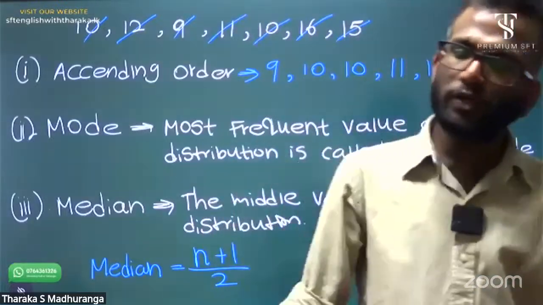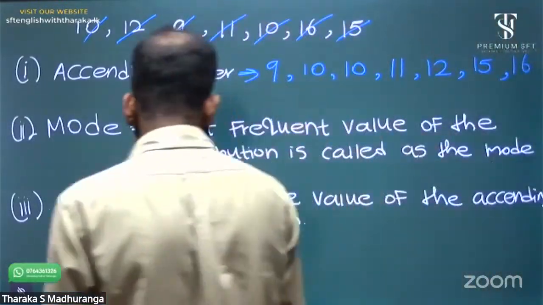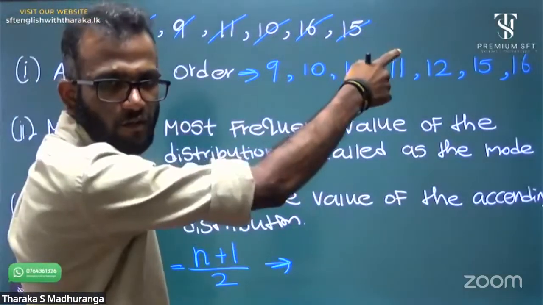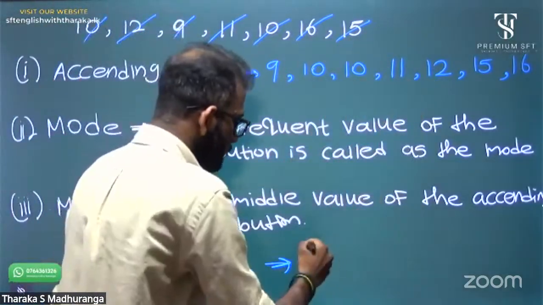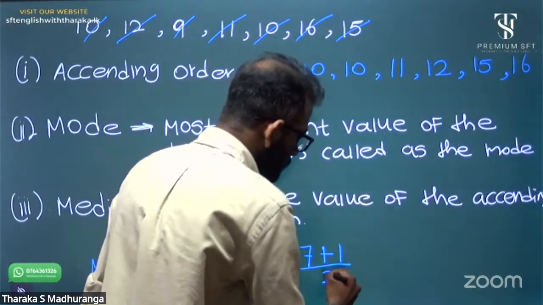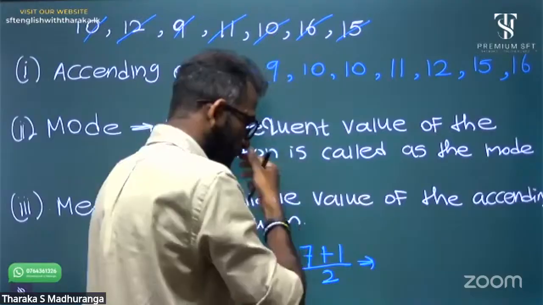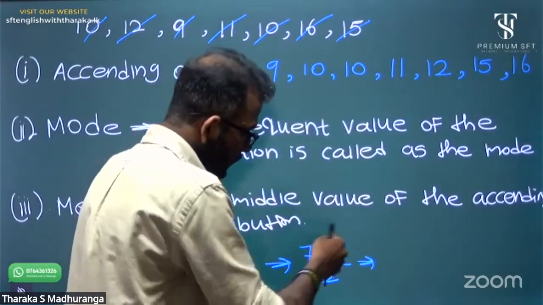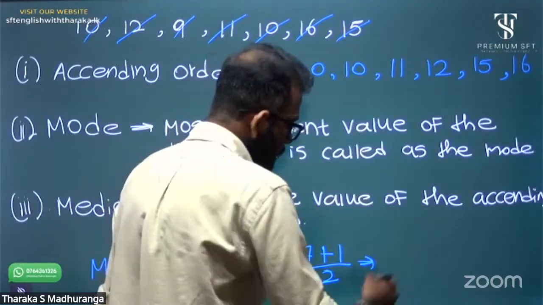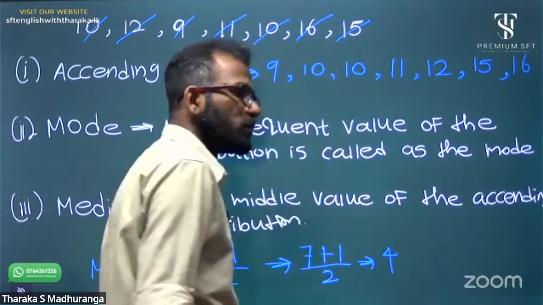What's the meaning of n? Number of data. How many numbers? 7 numbers. 7 plus 1 over 2: 7 plus 1 is 8, 8 over 2 is 4.